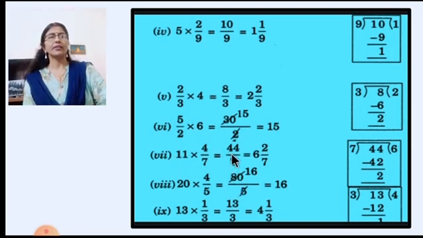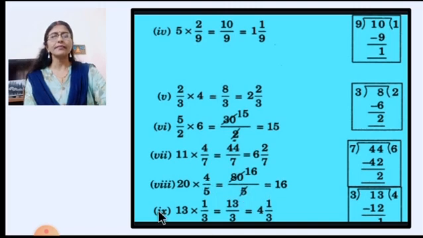And then you can convert it into a mixed fraction by dividing like this. 8th one, 20 into 4, numerator will be multiplied by numerator, you will get 80, and in the denominator 5 is there, we'll reduce them, you will get 16. 9th one here, 13 into 1 upon 3, 13 ones are 13 upon 3, and then we'll divide 13 by 3, you will get 4 as quotient, which is the whole number, and 1 is the remainder, 1 will come here and 3 will be the denominator. So this is the way you will do multiplication.